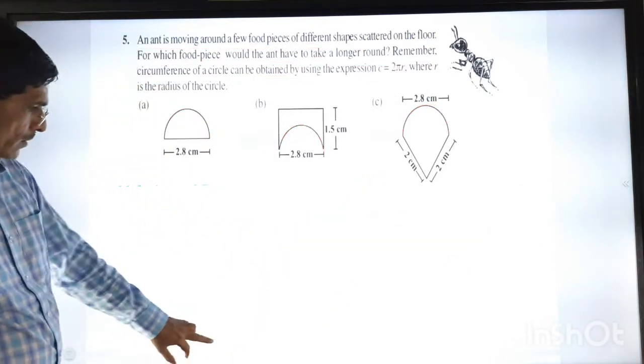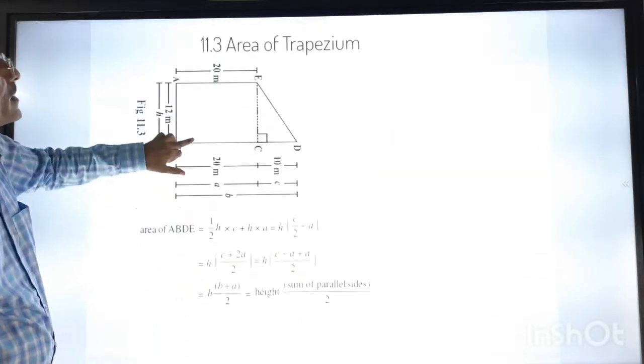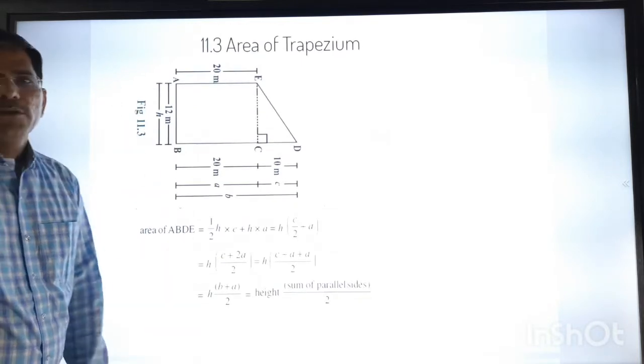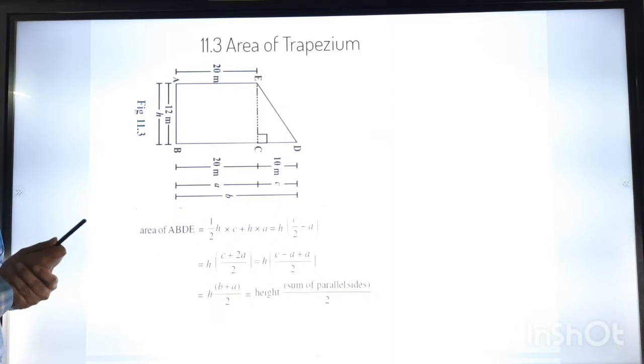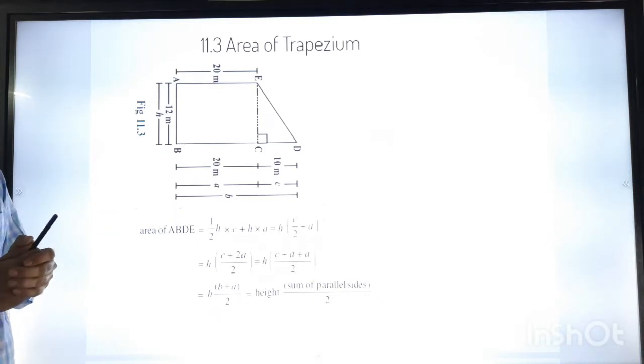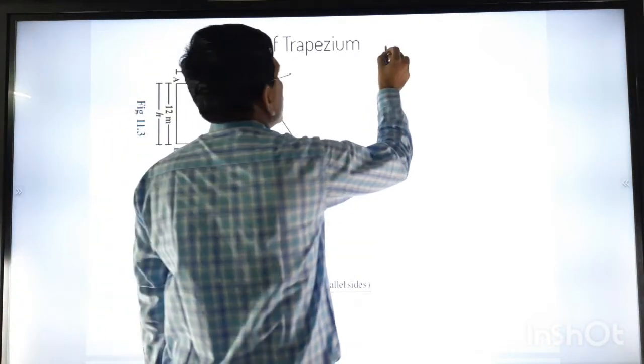Now the next target, that is area of trapezium. That is important for us. So today's next topic is area of trapezium. If you see properly, for area of trapezium, again I draw this figure.